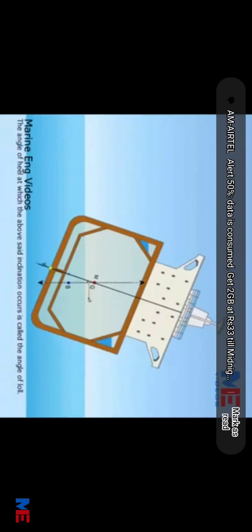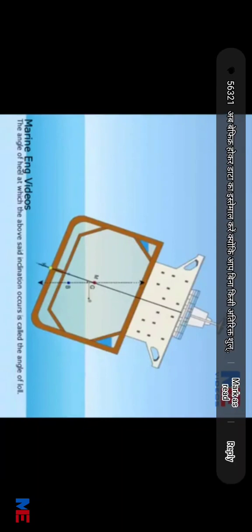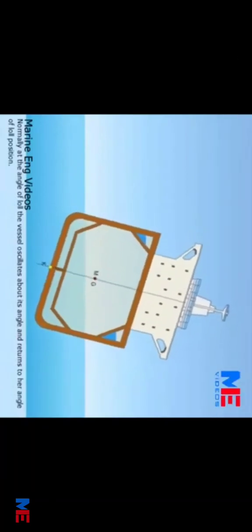The angle of heel at which the above said inclination occurs is called the angle of loll. Normally, at the angle of loll, the vessel oscillates about its angle and returns to her angle of loll position.